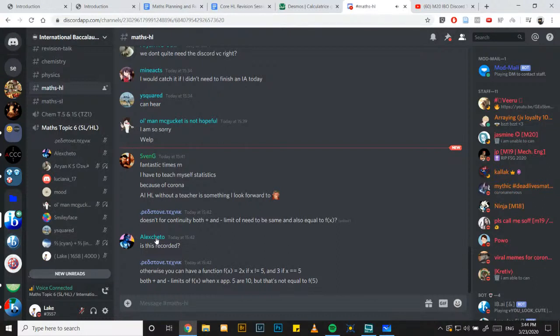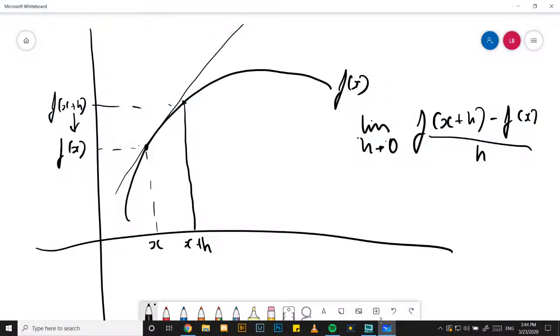Yes, that is. Yes, that's true. Yeah, what Redstone Technique said is correct.